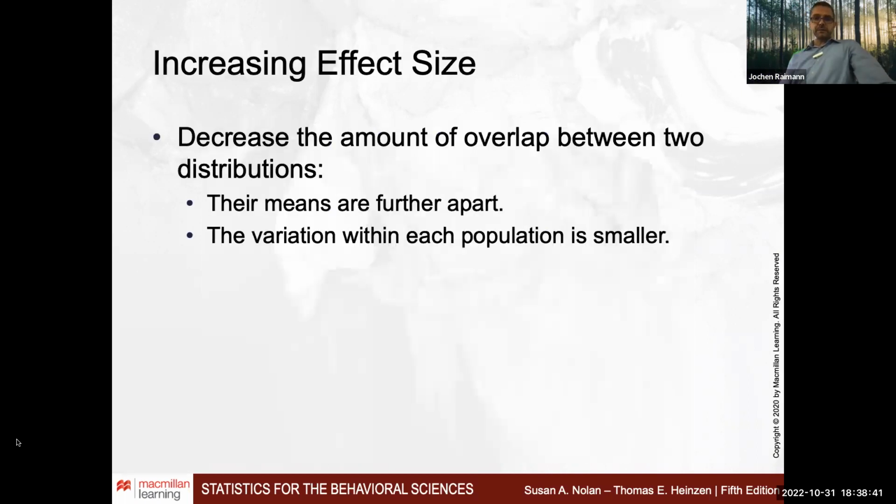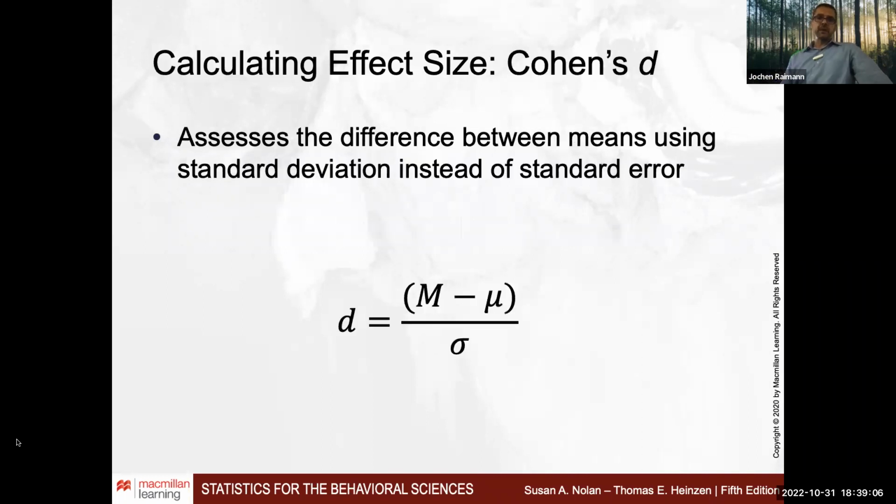And this is being done. So you can increase this effect size by moving the means further apart, increasing the intensity of an intervention, or choosing more extremes in the population distribution. Or secondly, you can also do it by finding smaller variability, which would be the increase in sample size.